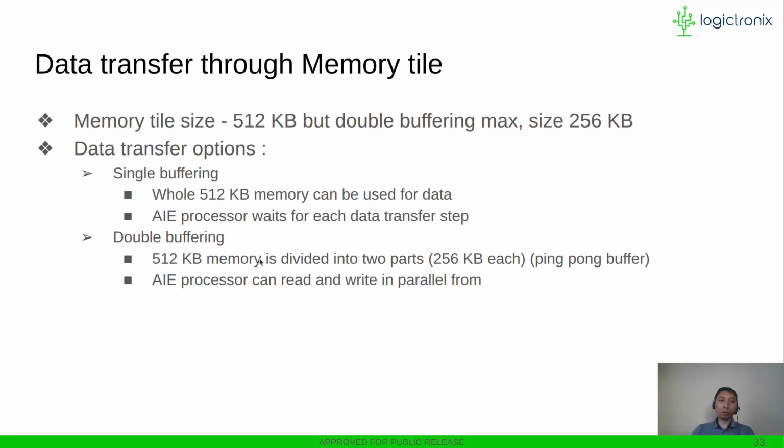When you go for double buffering, the memory size is decreased, but you get parallel read and write for this double buffered memory, which is called a ping pong buffer. So this helps to do parallel read and write into these memory tiles.